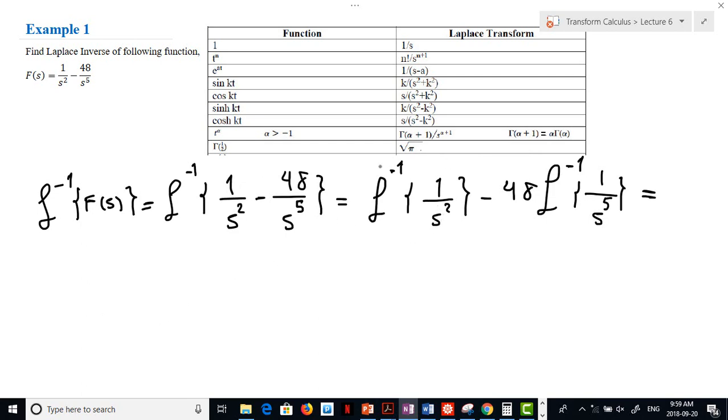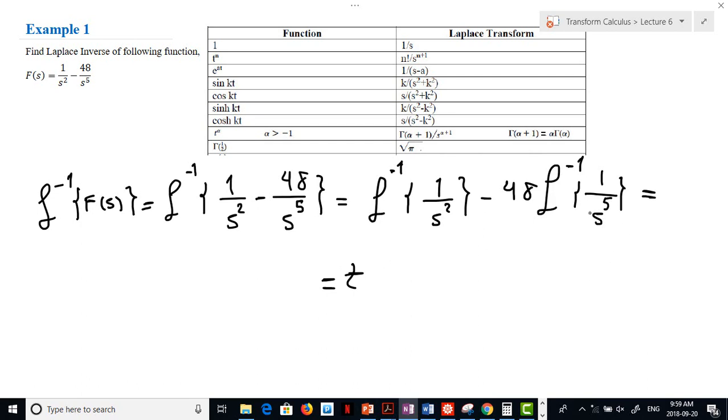We have to go to the table. We can see that in the second function, if n is equal to 1, we have 1 factorial over s to the power of 2. As a result, Laplace transform of t is equal to 1 over s squared. So we can say that Laplace inverse of 1 over s squared is equal to t. So it's equal to t for the first term.